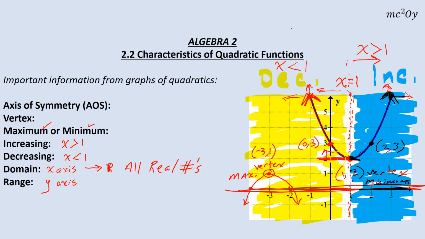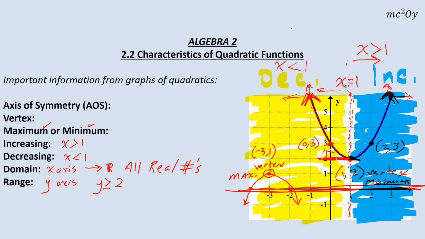Okay, and that would imply that my range is y is greater than or equal to 1. So my graph could, not 1, excuse me, greater than or equal to 2.